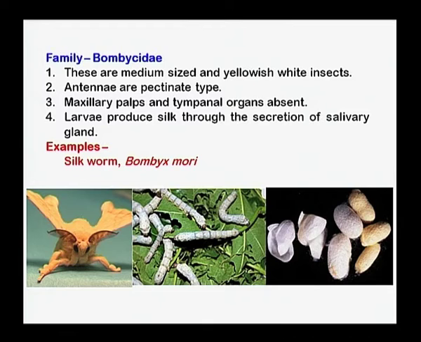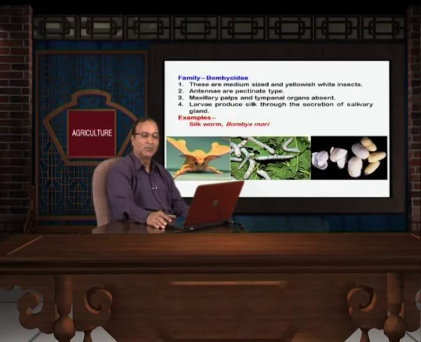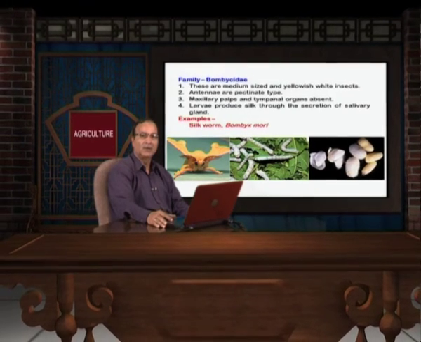Larvae produce silk through the secretion of the salivary glands, and the best example is silkworm, that is Bombyx mori. And as we all know, silk is used for many purposes or in the manufacture of the textile industry.